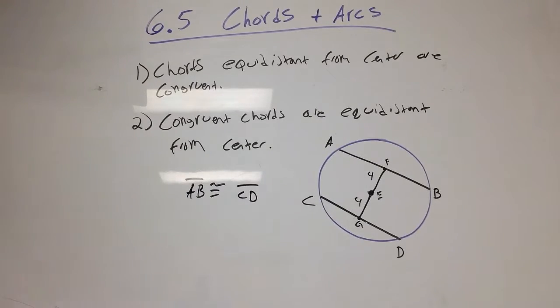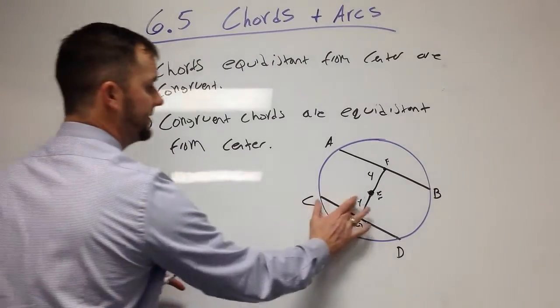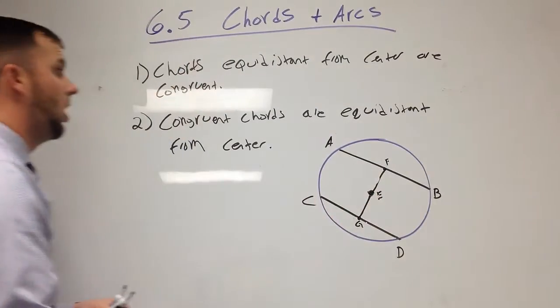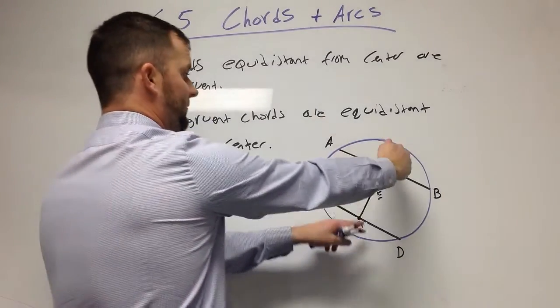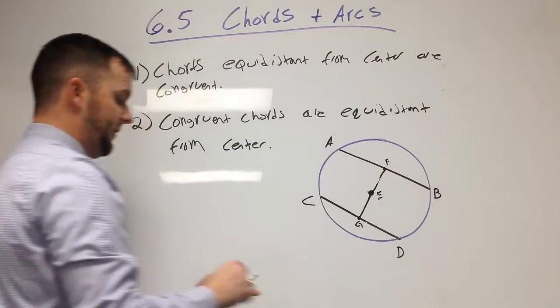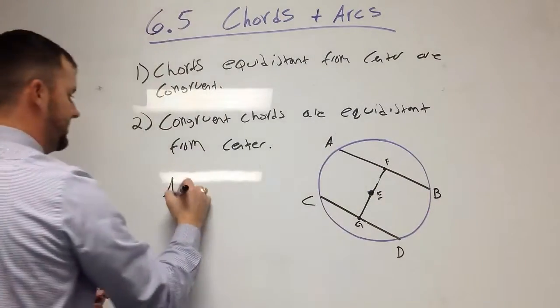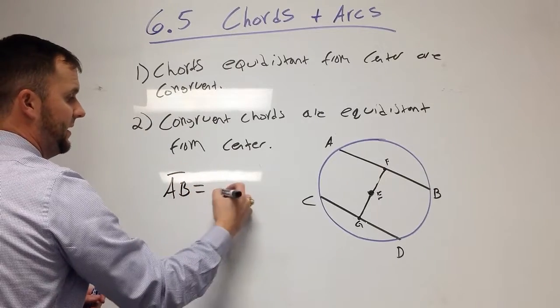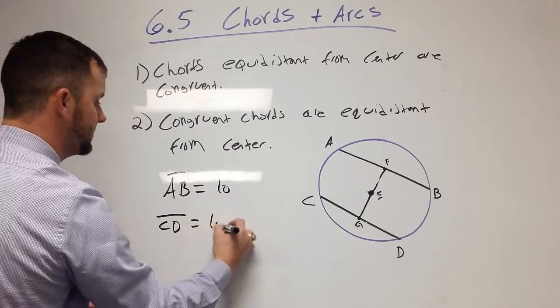And it's also going to work the other way around too. For example, if we look at number 2, it says congruent chords are equidistant from the center. So first we read, if they're equidistant from the center, then they're congruent. But if I have two chords that are congruent, so let's say line AB is equal to 10, and line CD is equal to 10.